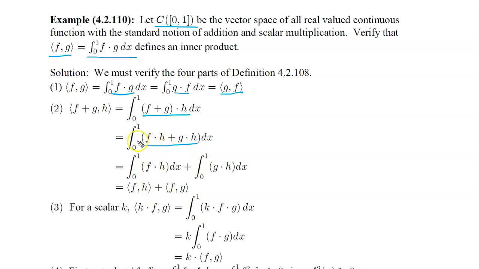And then we can split up the integral as follows, here and here. And you notice that this is the inner product of f with h plus the inner product of g with h. And you'll notice here that I actually have this written a little differently from the property, but it doesn't matter. The original property that we had was written like this.